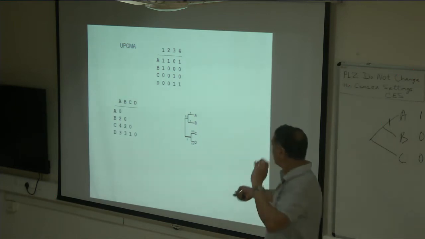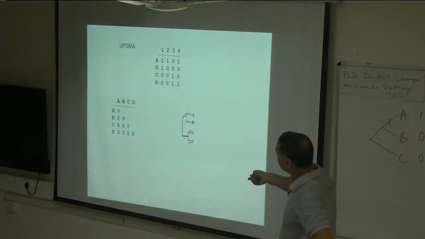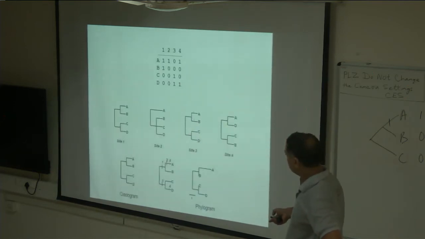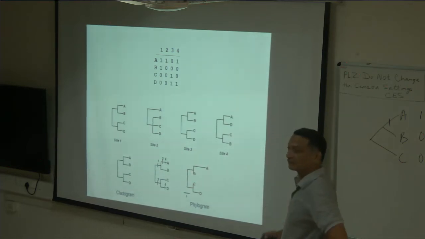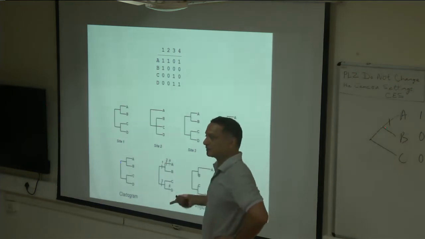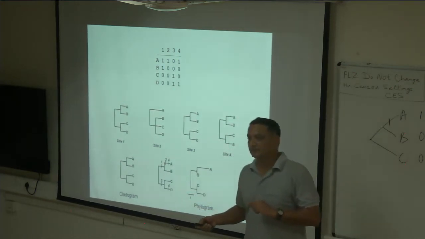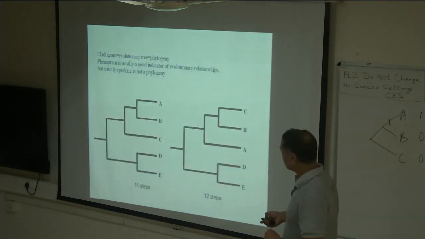And remember, in UPGMA all the species are at the same distance from the root, whereas here, look at D, look at C, all of them are at different distances from the root. So the rate of morphological evolution is different along different lineages. Right? Okay, so any questions?